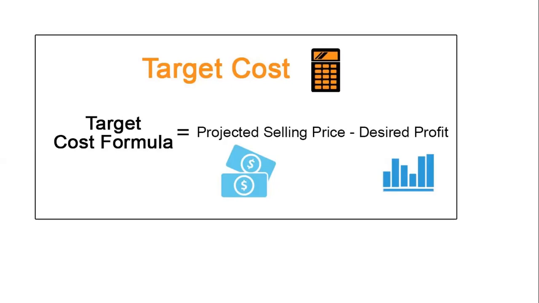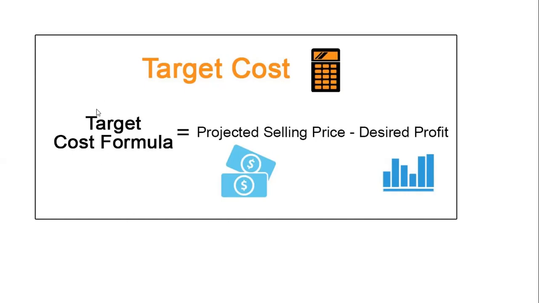Company Toyota has applied this target costing, and they are very successful after applying this formula. First, they decided the selling price of the car, that is, what price the customer is ready to pay. Then they took the desired profit: projected selling price minus desired profit.